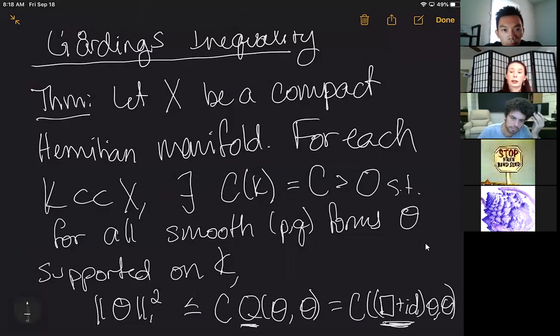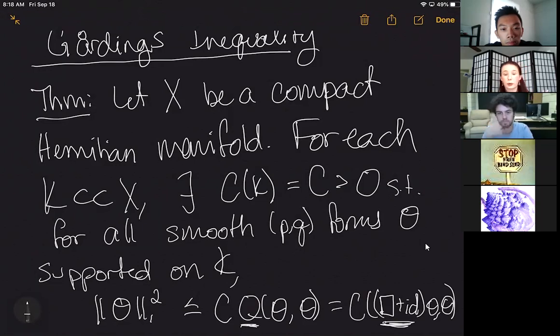And this is going to allow us to turn our interpretation of solutions to this box operator, things that live in this Q Hermitian space, into results regarding regularity in the Sobolev sense.